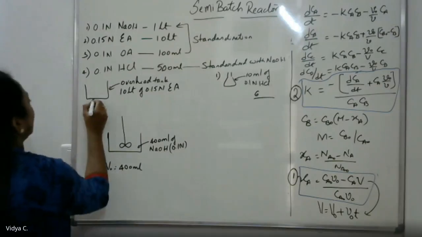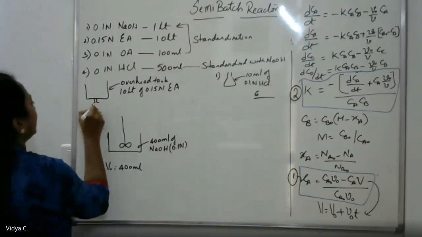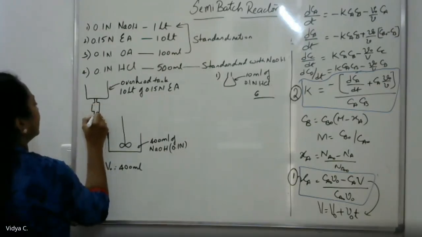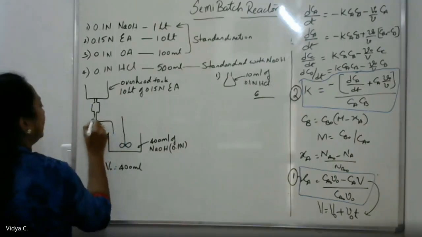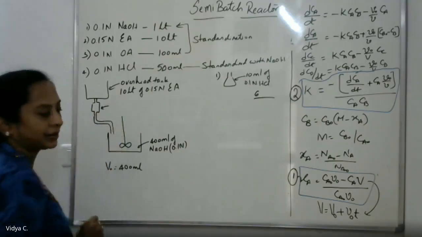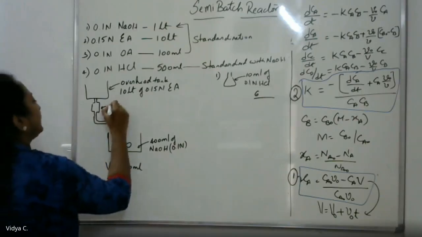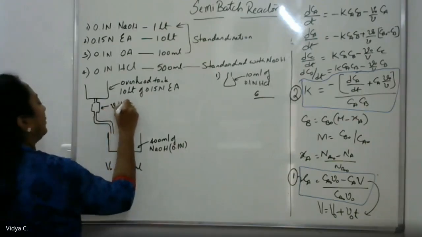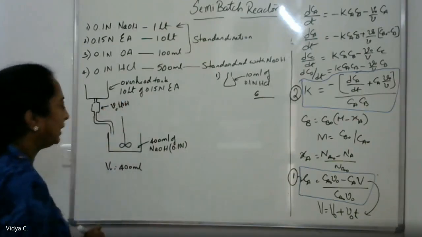This is connected to a rotameter, and the reactants are allowed to flow into the reaction vessel. Here, this is V naught LPH, liter per hour, which I have to note always.